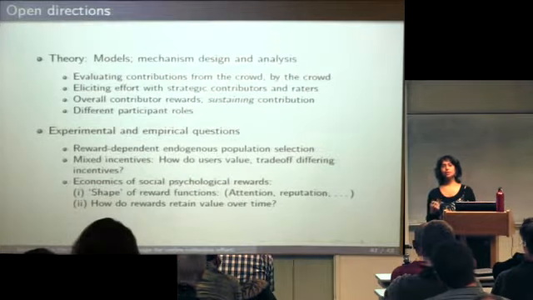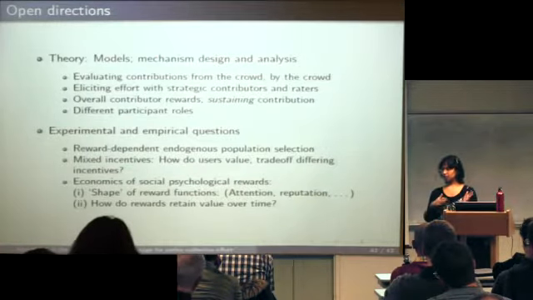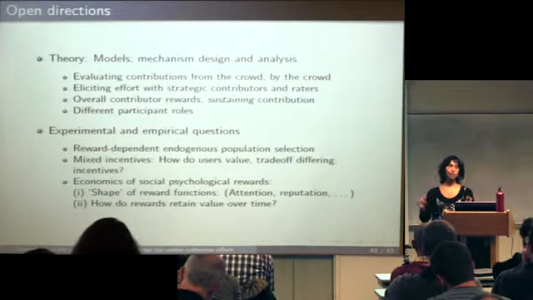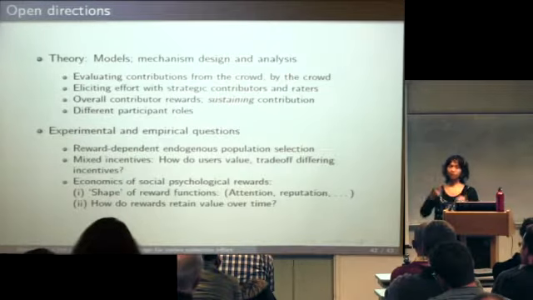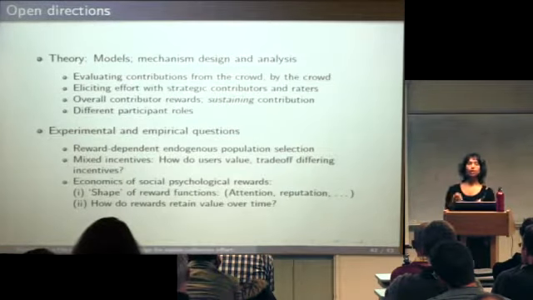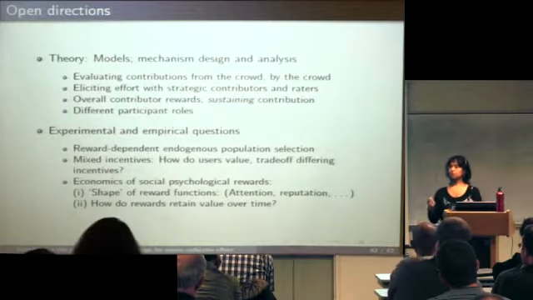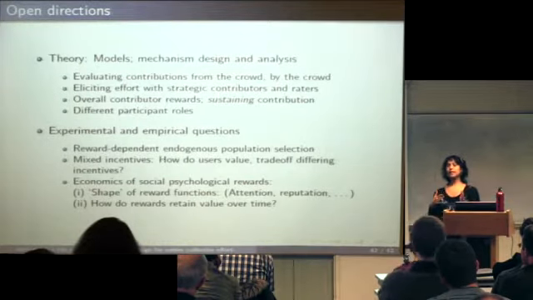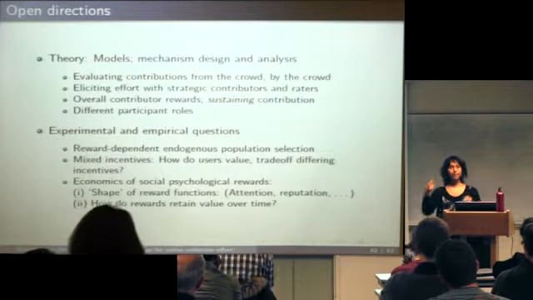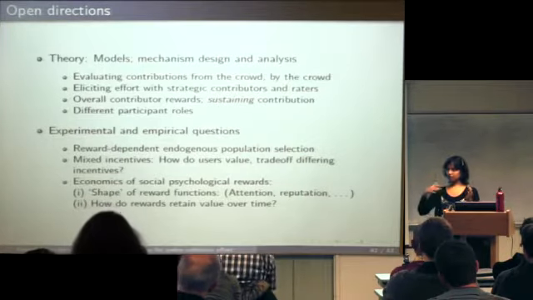And finally, I think there are some very fundamental questions regarding the economics of social psychological rewards. Money as a reward is relatively well understood in the economics literature. People have concave utilities for wealth. Money discounts with time in a certain way. It grows in a bank at a certain exponential rate. But how do social psychological rewards really behave? So, for example, what's the shape of the reward function? If people like attention, what's the marginal benefit from increasing attention? Is it concave? Is it convex?